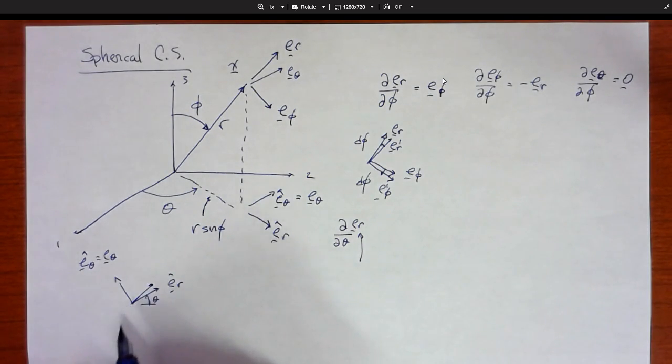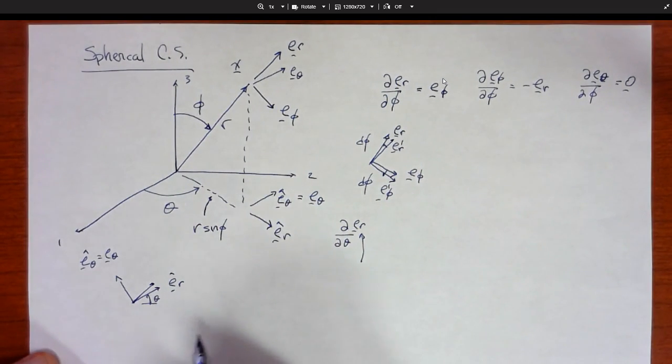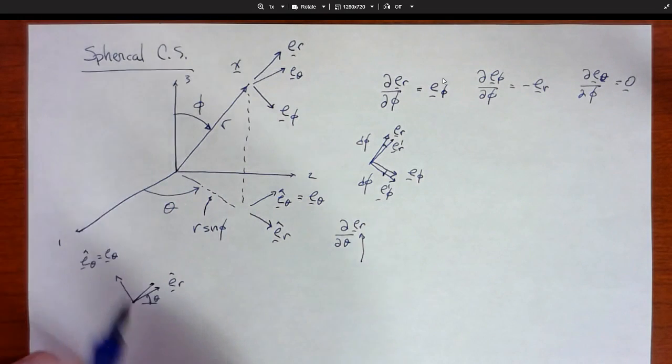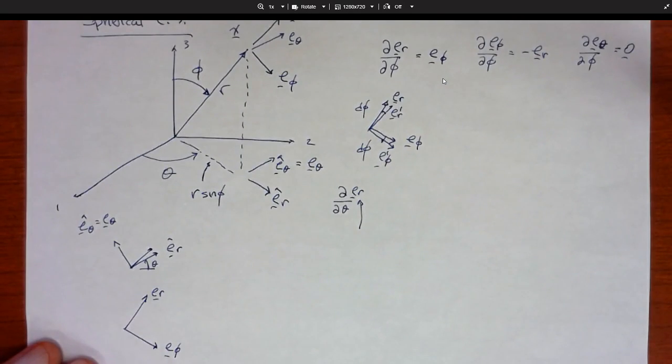But actually, I don't want to do that. Actually, what I want to do is get ER in terms of E phi and E theta. So also we can see that too. If we look right at the plane again, we'll see the following picture. Here is ER, here is E phi from the spherical coordinate system, and ER hat is going to go right out this way.